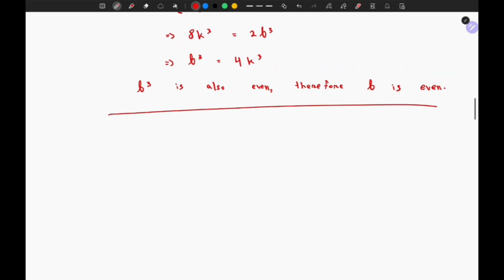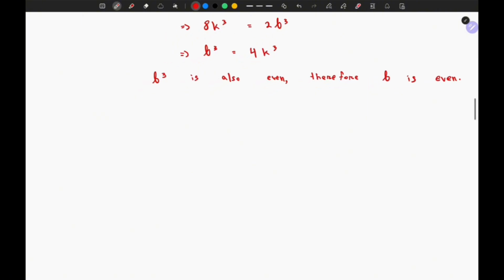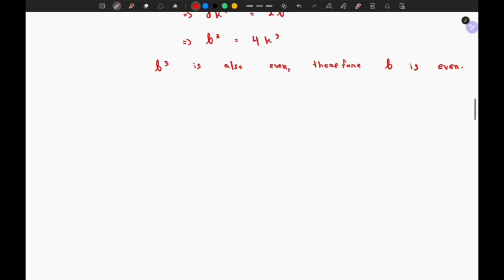This contradicts our assumption because a and b are not in their simplest form as they both have a factor of 2. So since a and b both have a factor of 2, a divided by b is not in its simplest form.